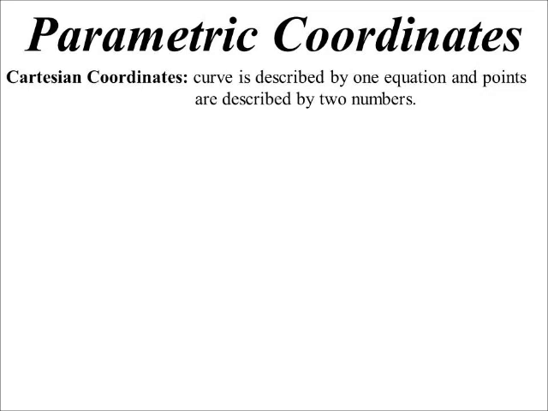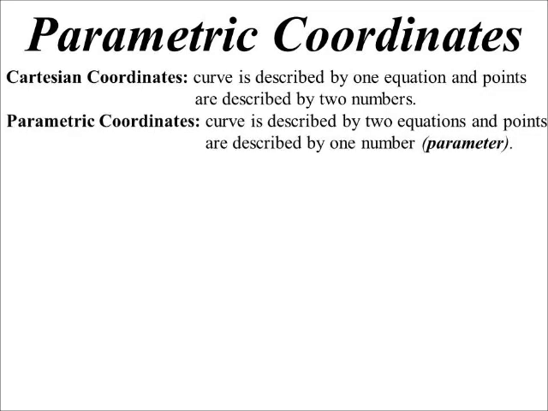Parametric coordinates is the other way around: we represent the point with one number, which we call the parameter, but we describe the curve with two equations, one for the x value, one for the y value. Then we just substitute that one number into each of those to get the two coordinates.